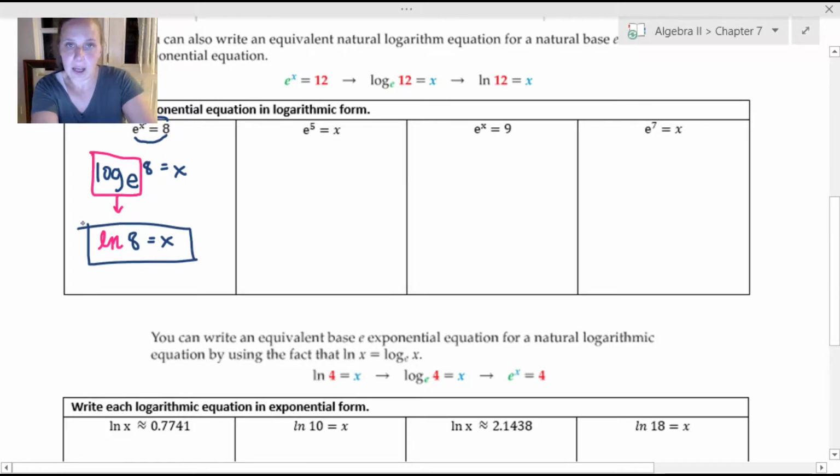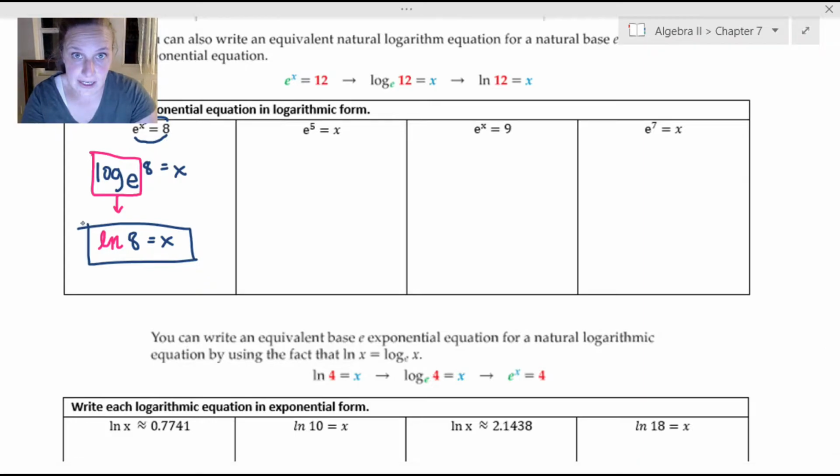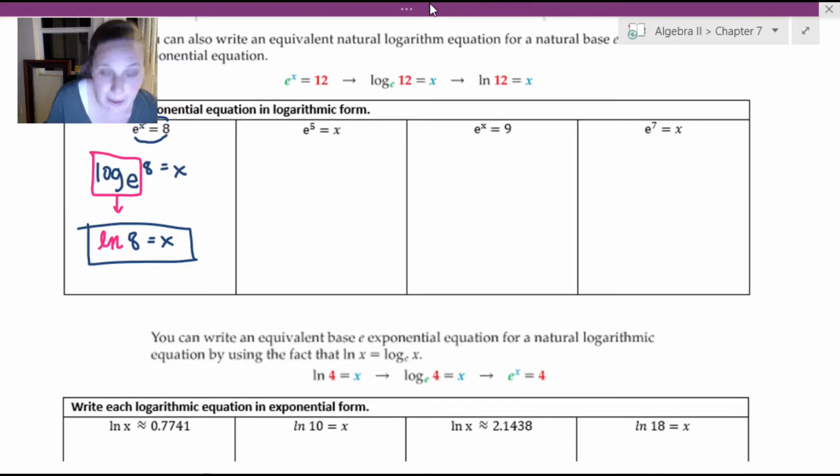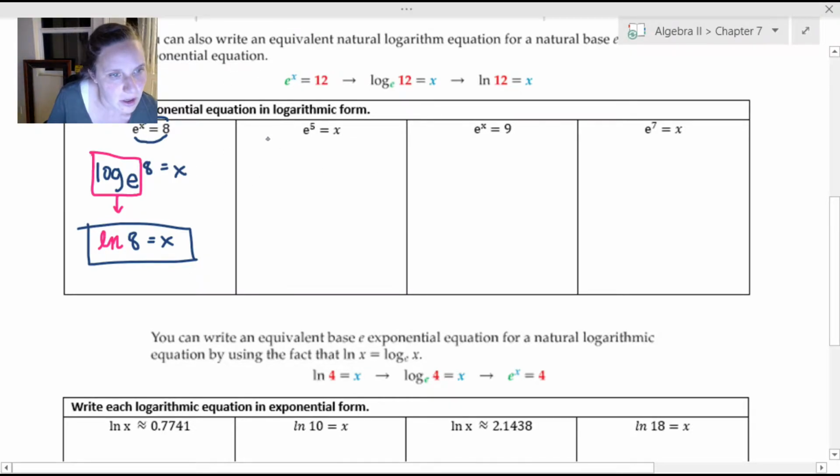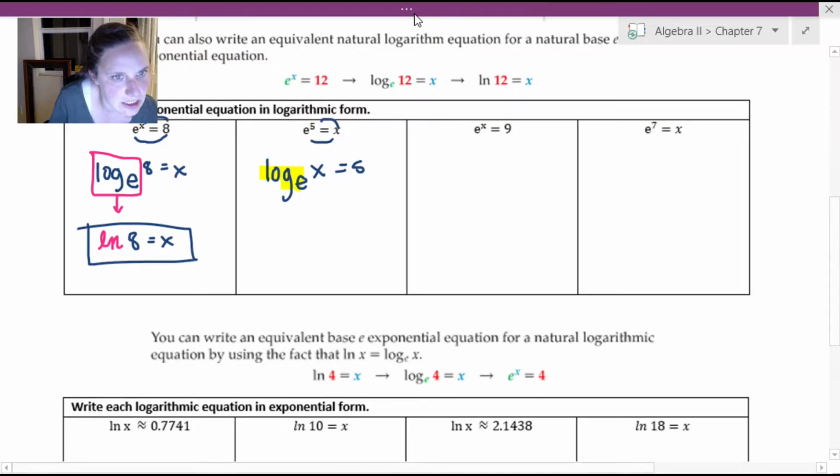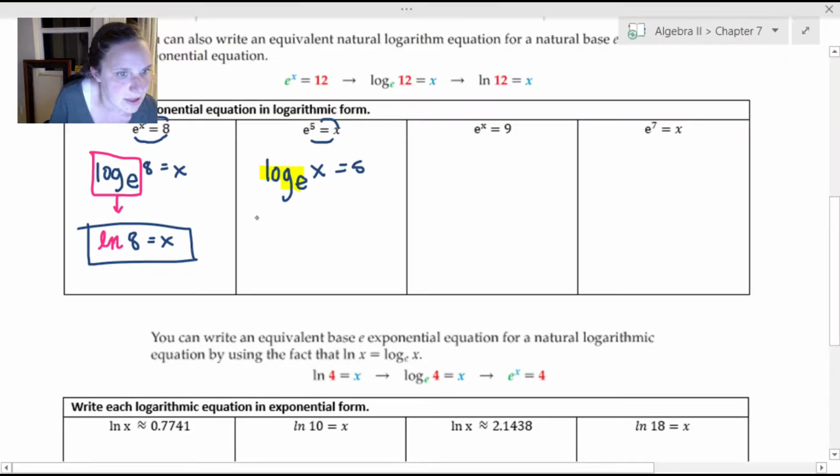So again, I encourage you, pause it, try these next three problems on your own, and then let me do it with you. Okay, I'm going to assume you paused it. So this one is log base e of x is equal to 5. This log base e we get to change into the natural log. So that becomes the natural log of x is equal to 5.